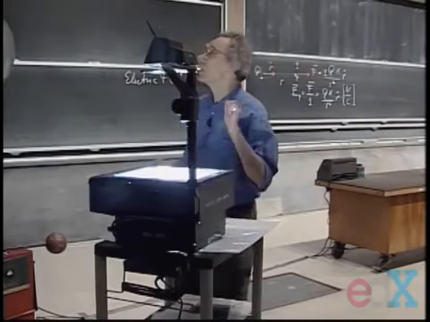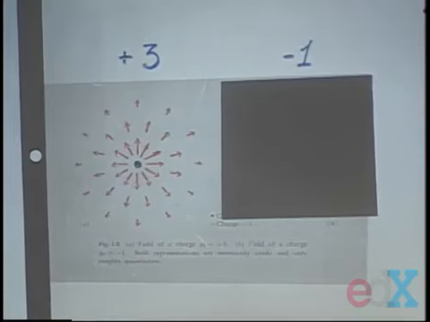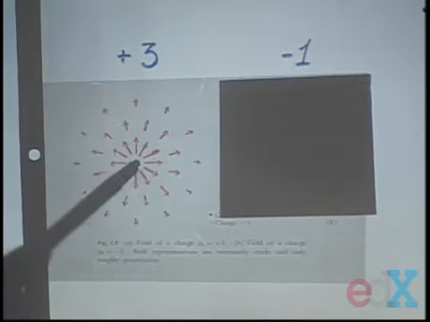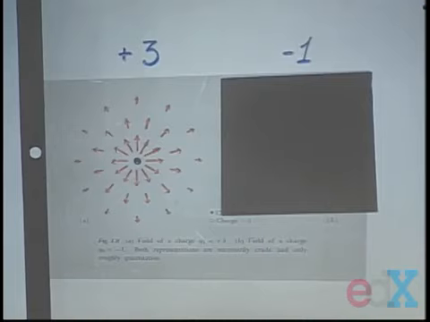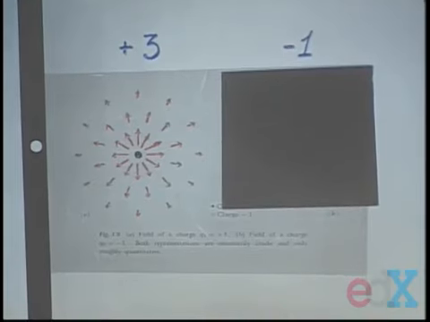So by convention, the arrows are pointing away from the charge in the same direction that a positive test charge would experience the force. And you notice that very close to the charge, the arrows are larger than farther away. That is trying to represent the inverse r square relationship. Of course, it cannot be very quantitative. But this is of course spherically symmetric if this is a point charge.